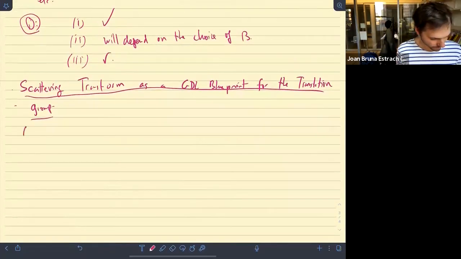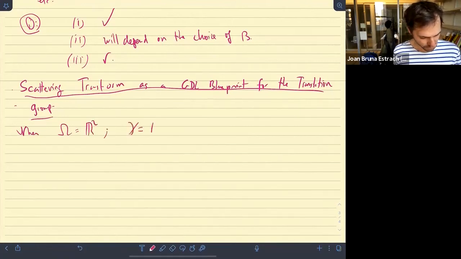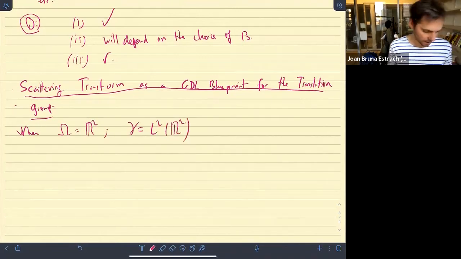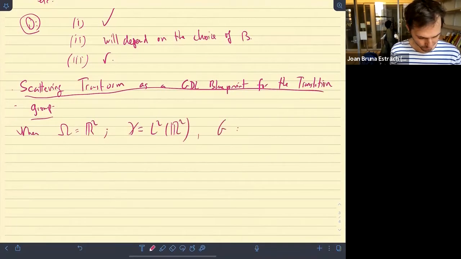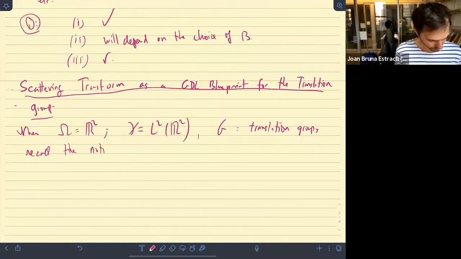When the domain is R2, and X, we just saw, is the functions that have finite energy, so just functions defined over the plane, and then G is the translation group. So recall the notion of deformation stability.